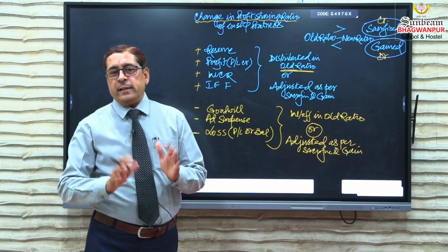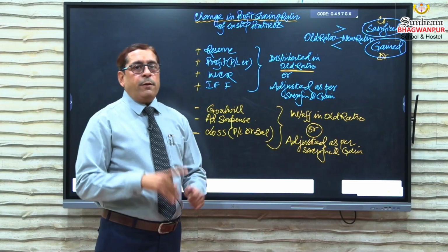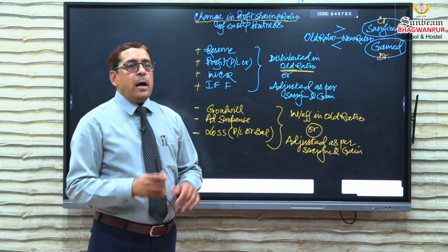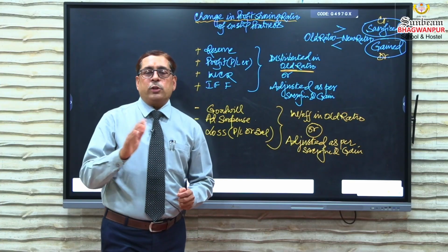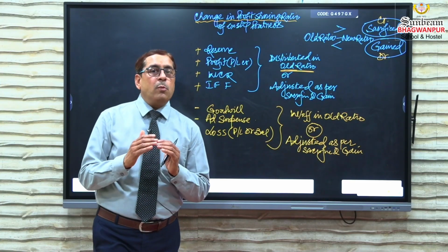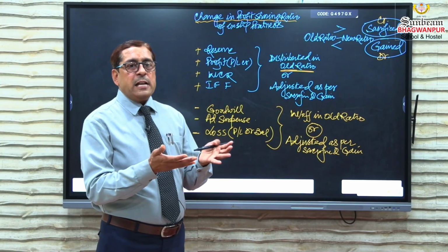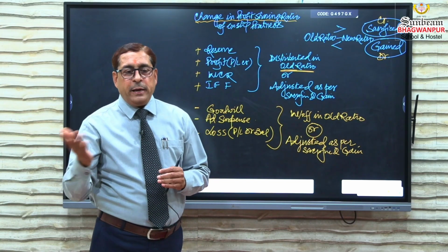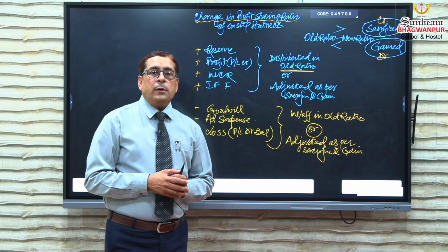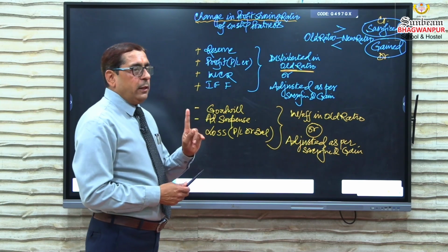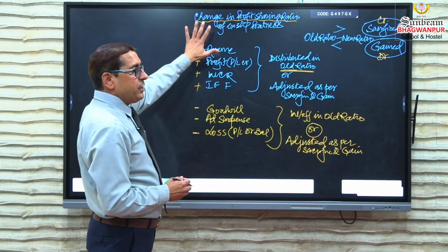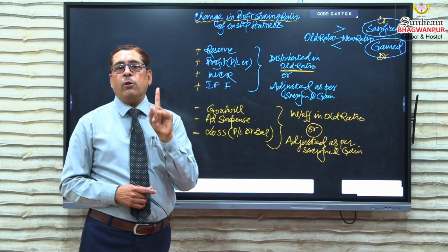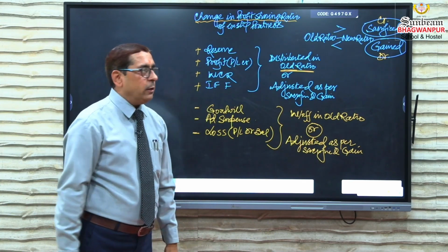Accounting Standard 26 says if goodwill already appears, it has to be written off, and goodwill cannot appear in the books of account unless some monetary consideration has been paid. In that case, for goodwill here in change of profit sharing ratio, if there is any valued goodwill, there is only and only one treatment, no other options available.